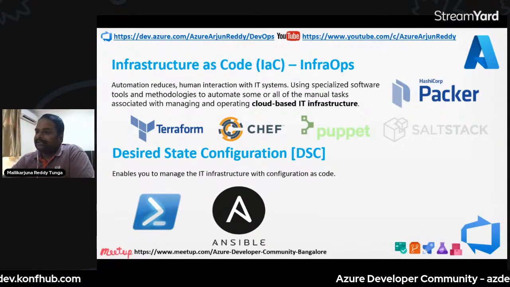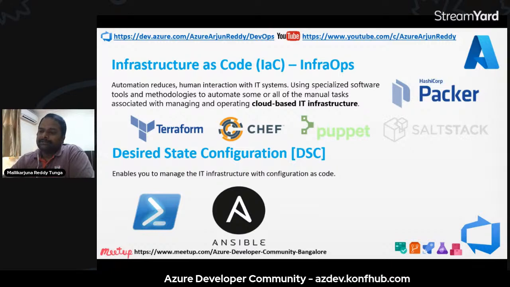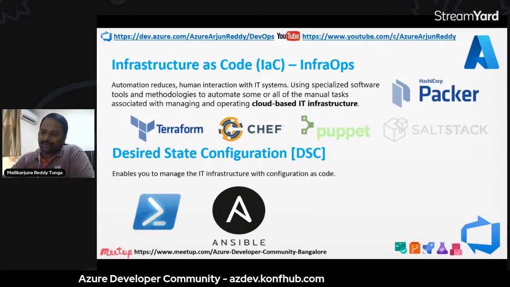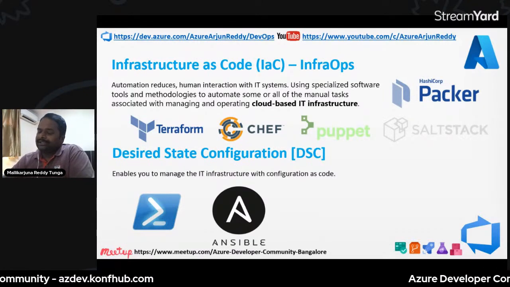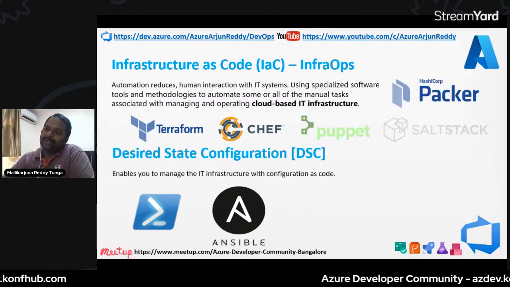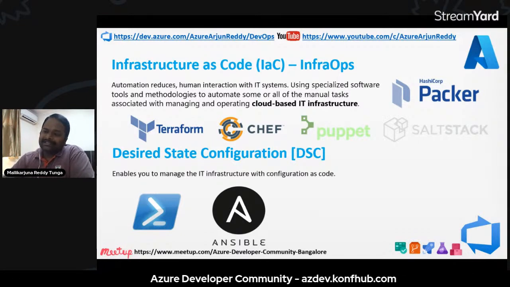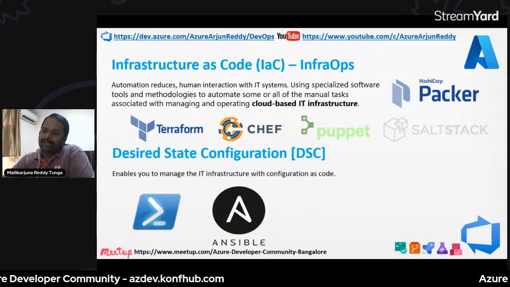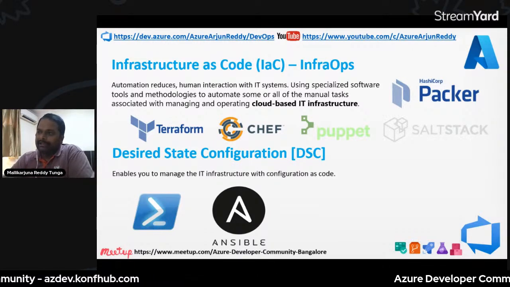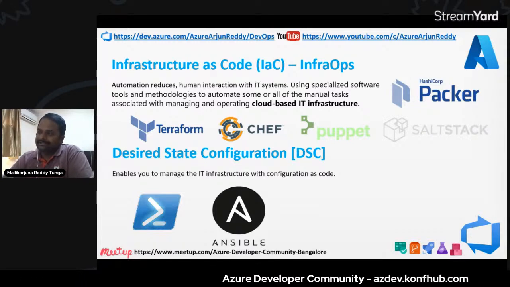After Terraform, Ansible is going to be one of the powerful tools for configuration as code, CAC. So desired state configuration is nothing but you are ensuring the state of the configuration. When you run the Ansible YAML file, it will ensure that whatever configuration is kept in the file is the same configuration that is there in the system.